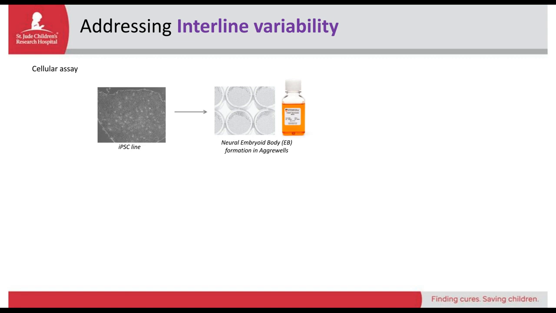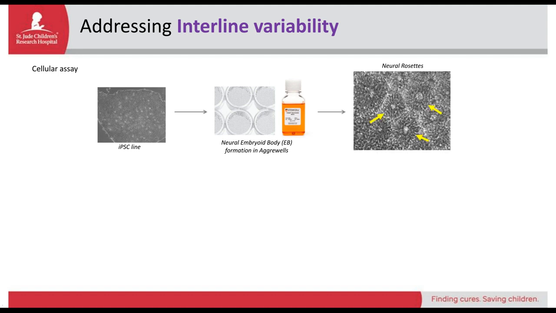After a few days, we then plate these embryoid bodies on a substrate because they are growing in this neural induction media. For a good iPS line, the embryoid bodies should be able to form these neuroepithelial structures called rosettes. If you have a line with high neurogenic potential, it will be 95 to 100% efficient in forming neural rosettes.